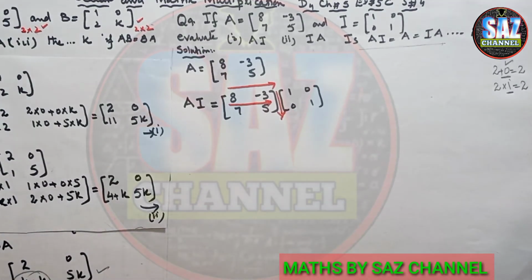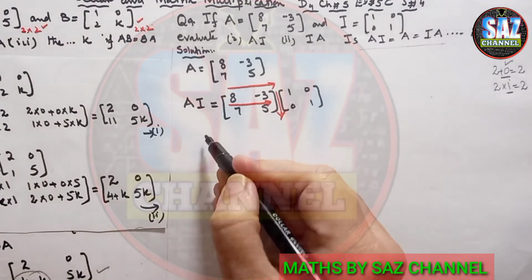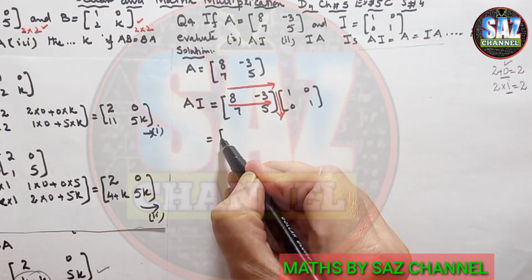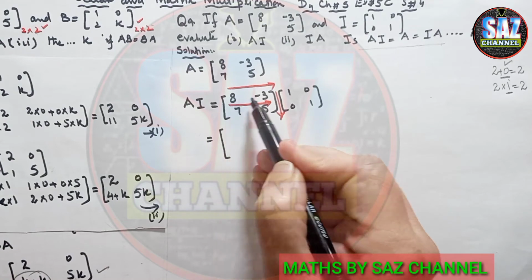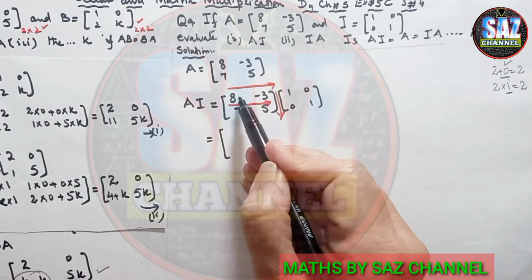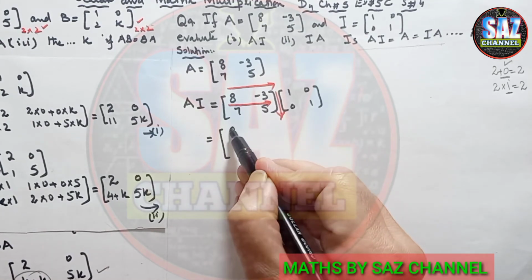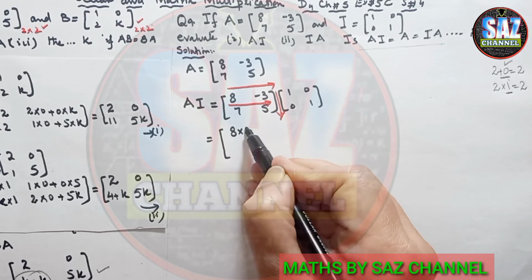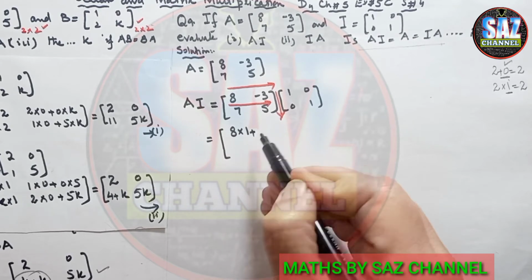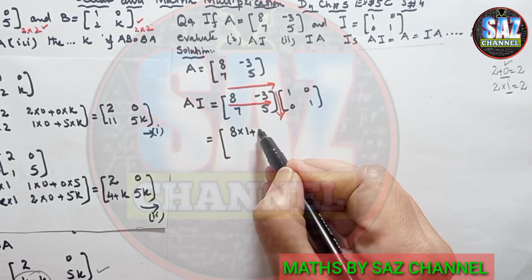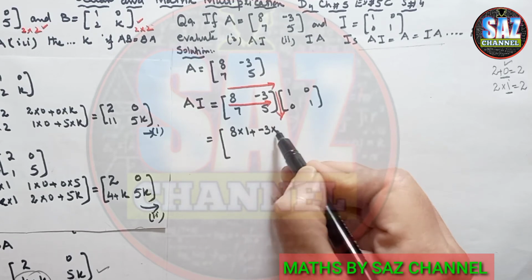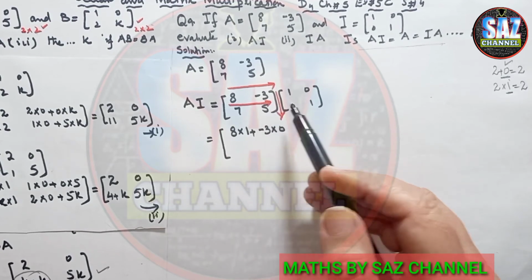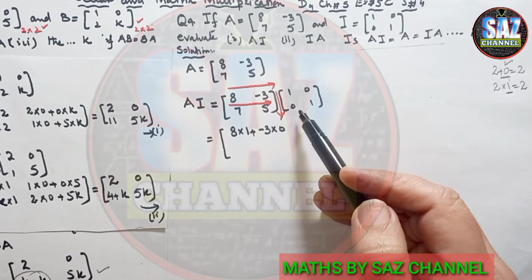Okay, so let me move to the product of this question. 8 will be multiplied by 1, and then plus minus 3 will be multiplied by 0. Now first row with first column is done.